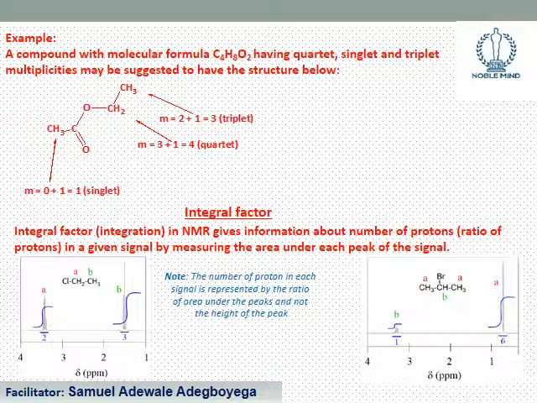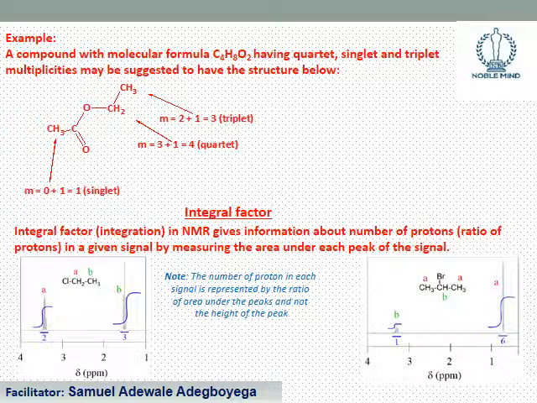That means in signal A, where you have 2 peaks, there are 6 protons. In signal B, which we call a multiplet, there are 6 protons splitting signal B, which tells us that we have 6 plus 1, that is 7 peaks.